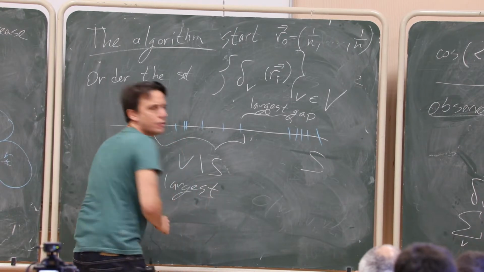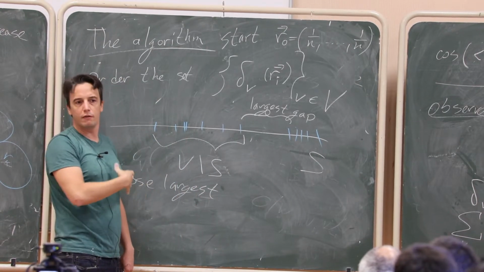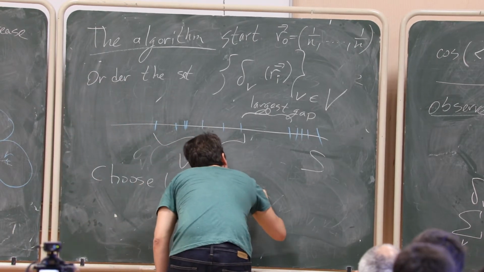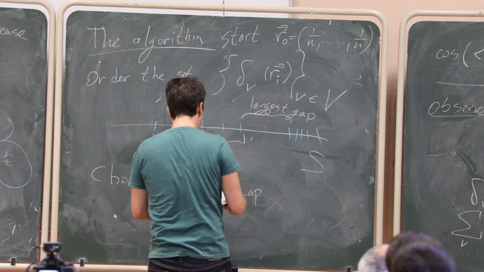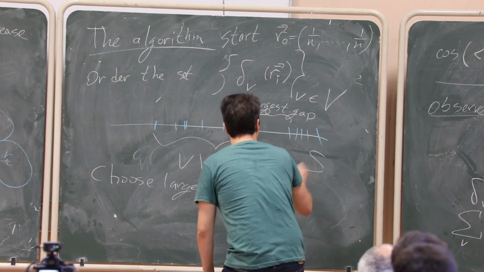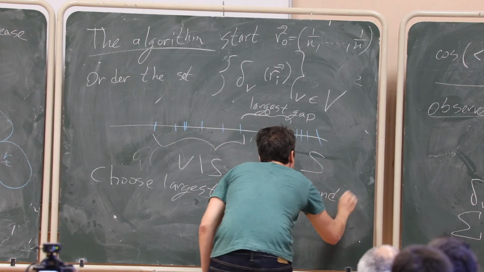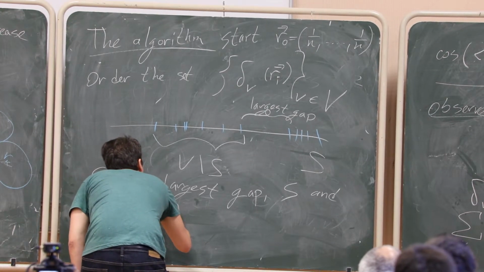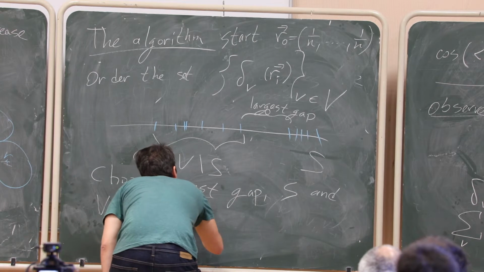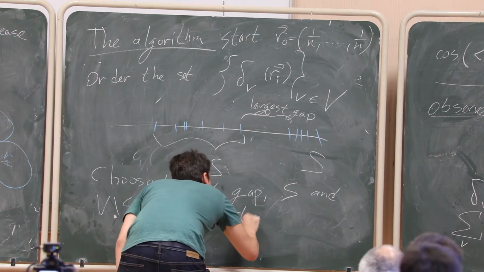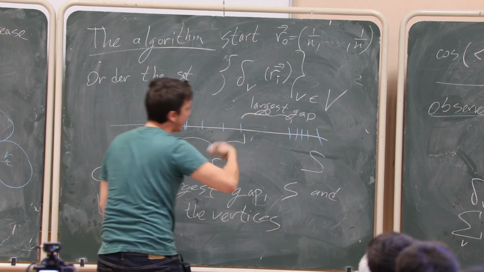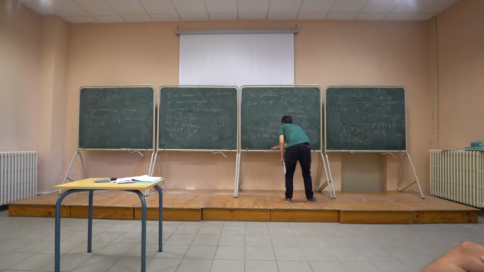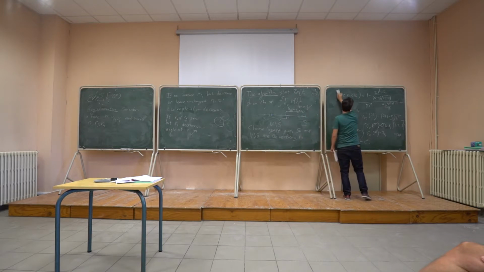The fact that I choose it to be the largest will only be significant in the analysis of the algorithm. Afterwards, S and V minus S are as in the picture: the vertices to the right and to the left of this gap.